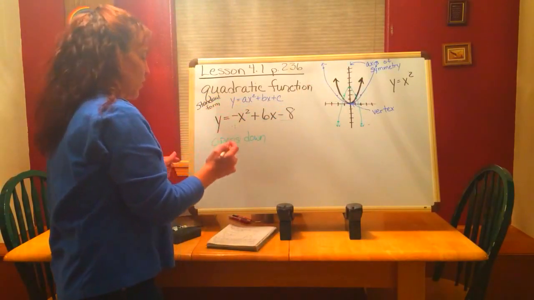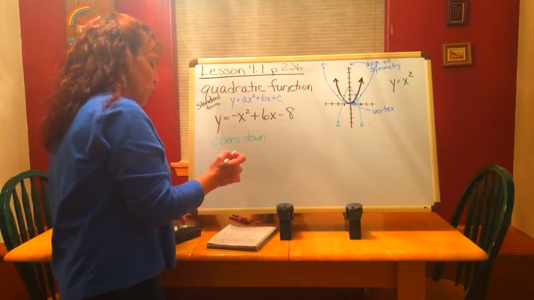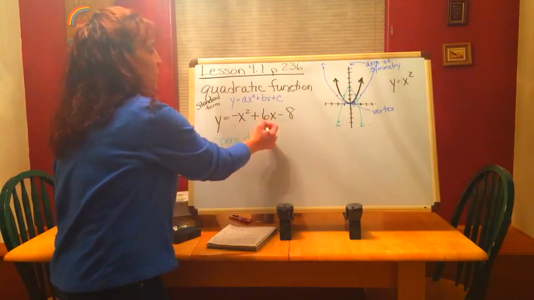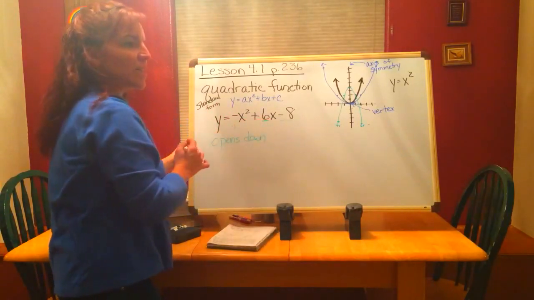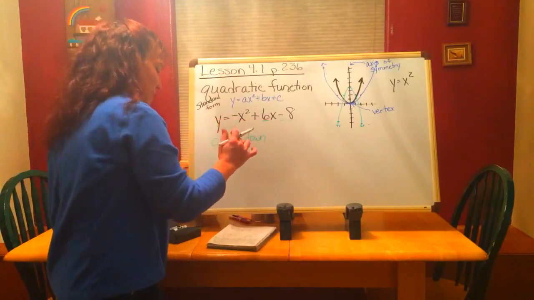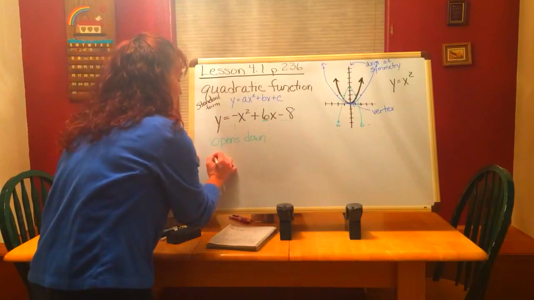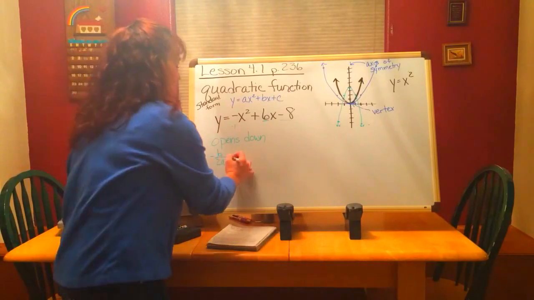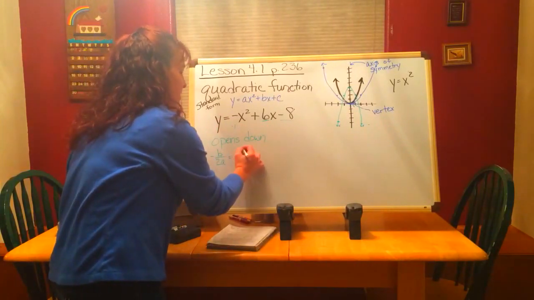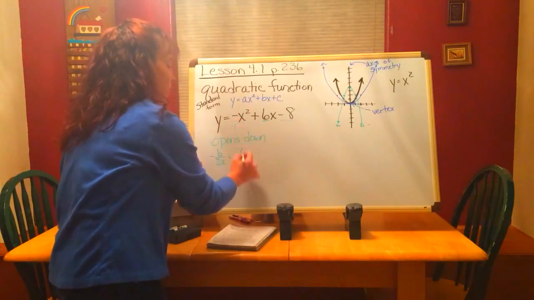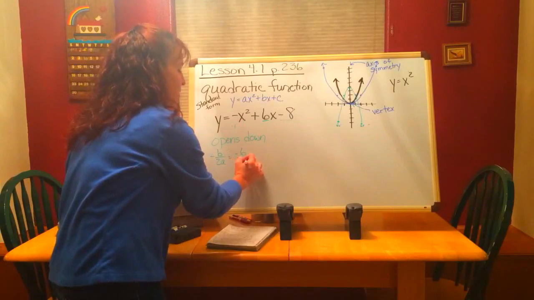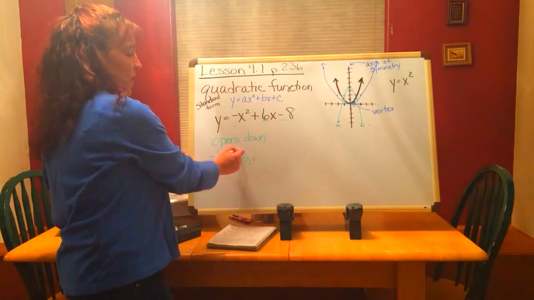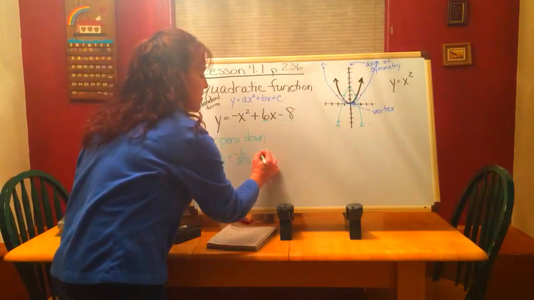We also know that b is 6, so we can find our vertex by using the negative b over 2a formula. So negative 6 over 2 times negative 1, that's negative 6 over negative 2, which is a positive 3.